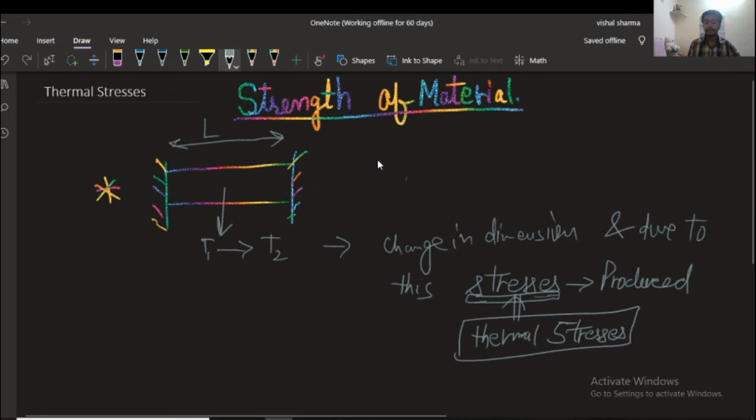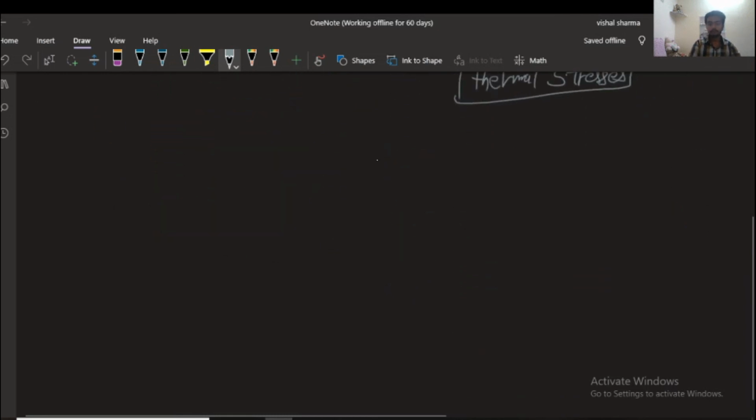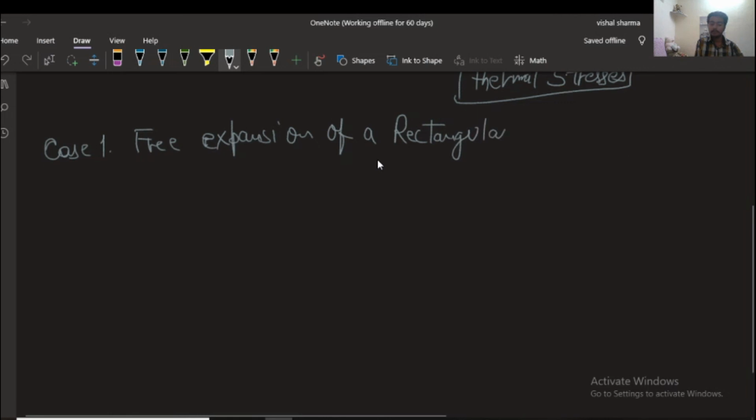Now we are taking the example of the rectangular block. Case number 1: free expansion of a rectangular block.